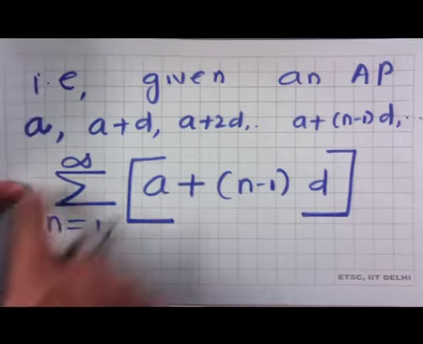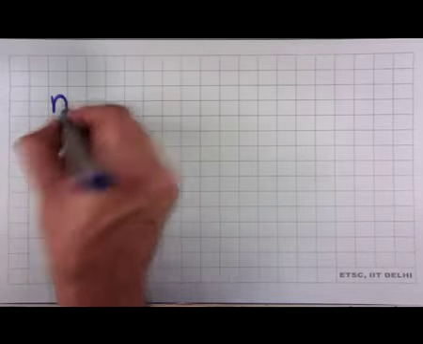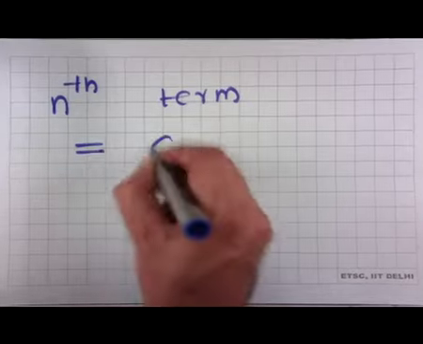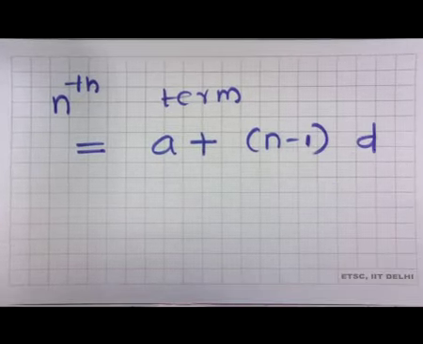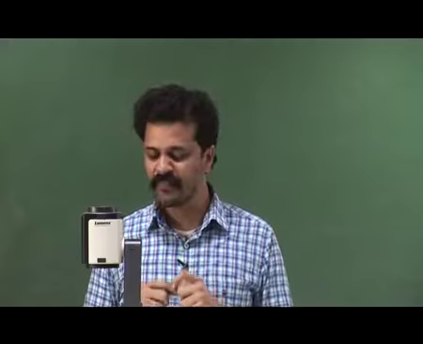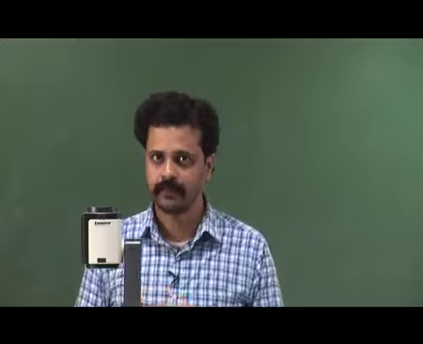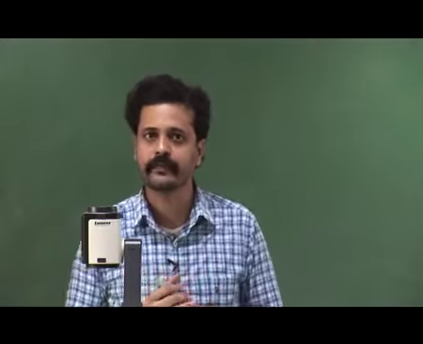Note that for this series, the nth term is a plus n minus 1 into d. Bear in mind that a and d are fixed finite real numbers, which are respectively the first term and common difference of the AP.